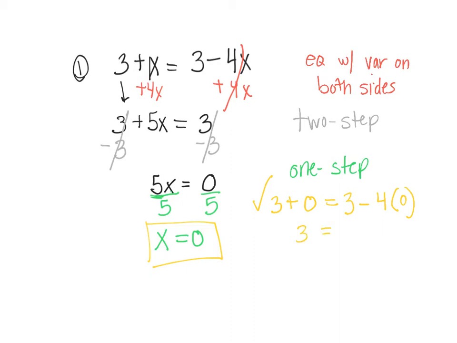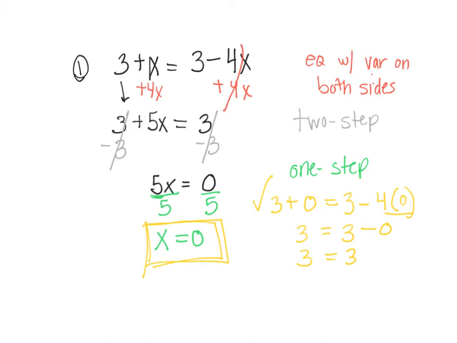On the right side, 3 minus, I have to do my multiplication first, 4 times 0 is 0. I can see that the right side of the equation equals the left side of the equation, and so my answer checks. My solution to this equation is x equals 0.